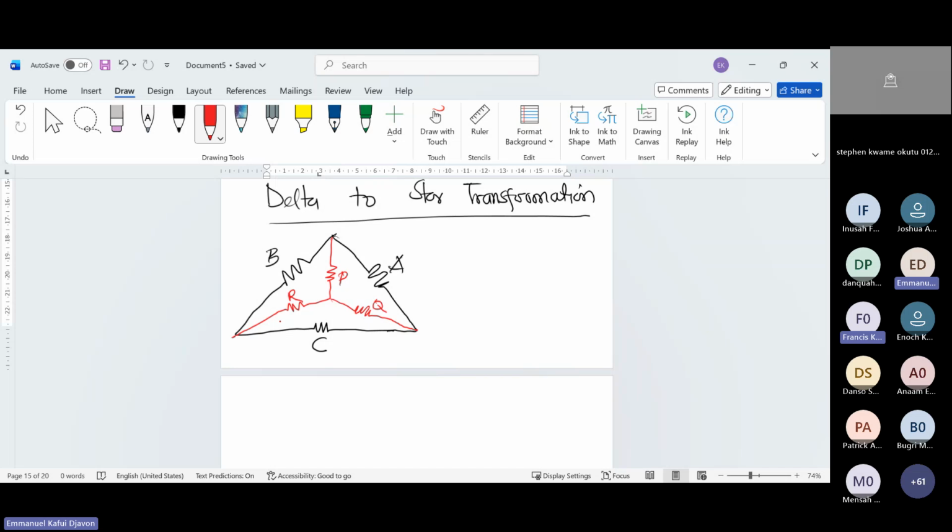So for us to get the formulas, it goes like this.